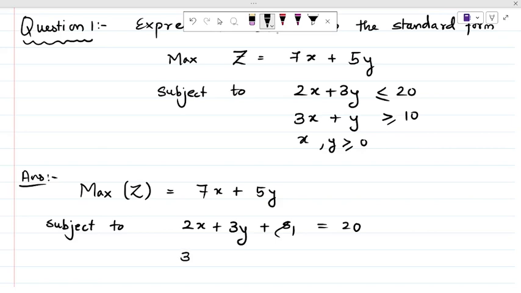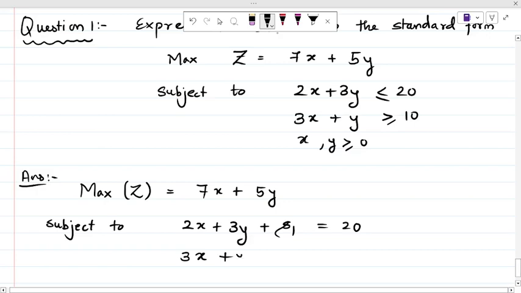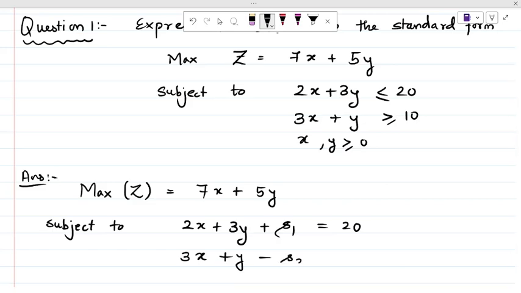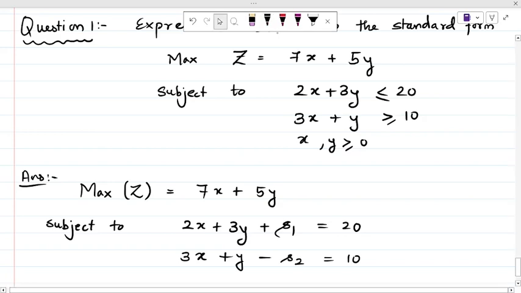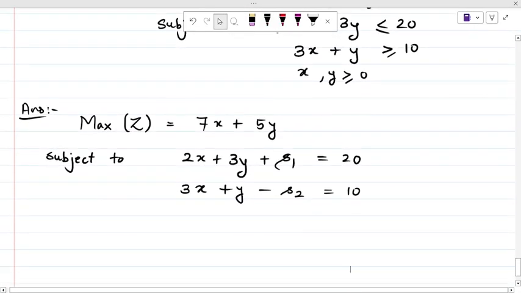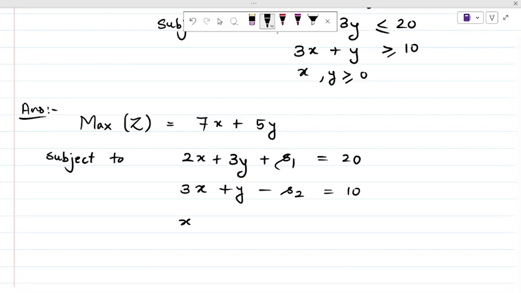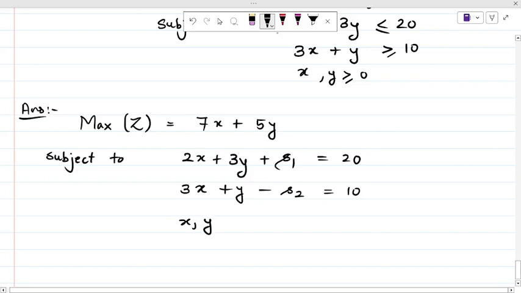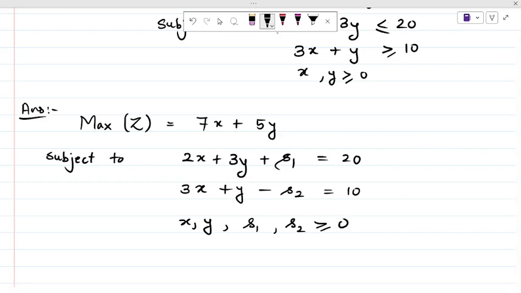The next one is 3x plus y, which is greater than type, so I subtract a surplus variable, which I'll call s2, equal to 10. Now I added two variables, and these are also going to be non-negative, so x and y, which are already there, and s1 and s2 which I added, all these four variables are non-negative.